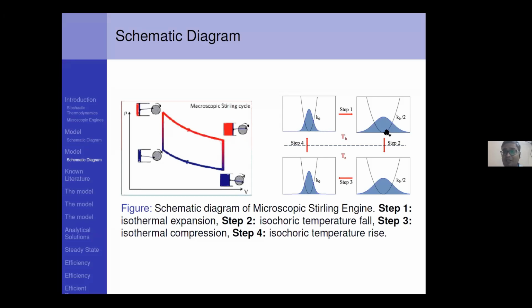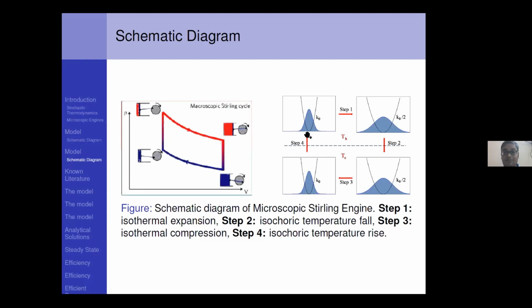Now in the second step, the stiffness parameter remains the same, which is the isochoric process, but the temperature decreases from TH to TC. Third step, again, the stiffness parameter is increased from K0/2 to K0.